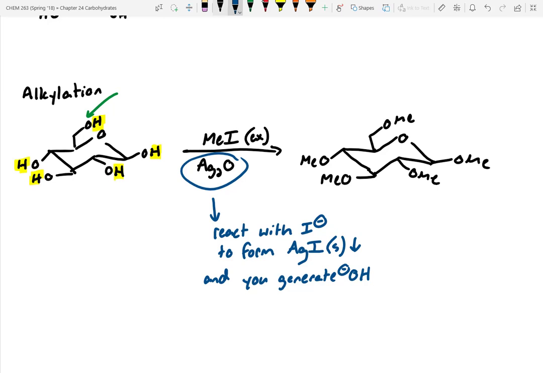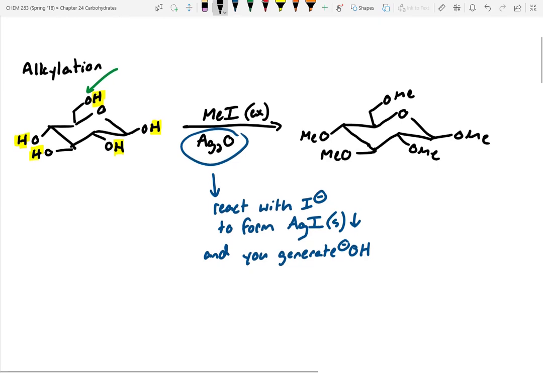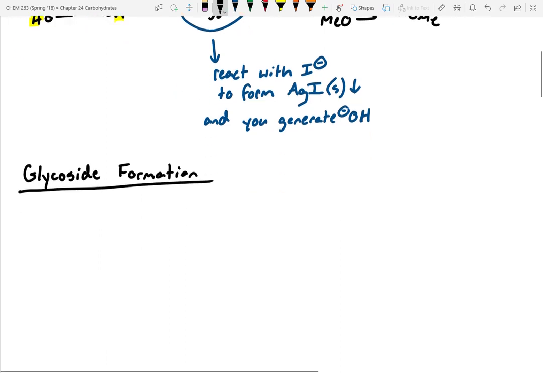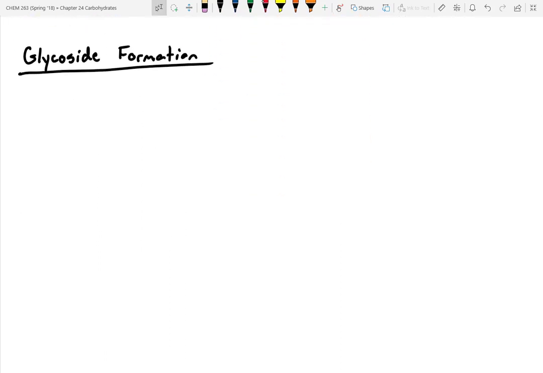All right, got a few more reactions. The next one is called glycoside formation. This is a much more common reaction than the first ones I showed you. Again, we're going to start with a monosaccharide. I'll just stick with D-glucose.